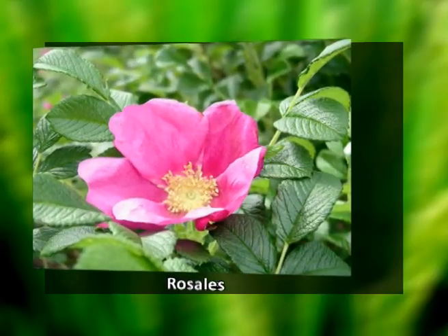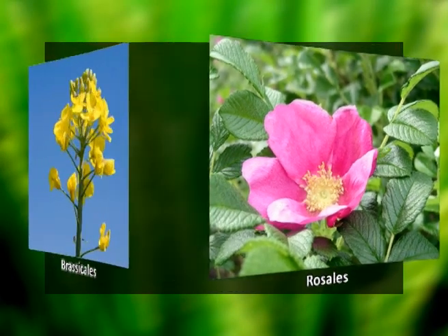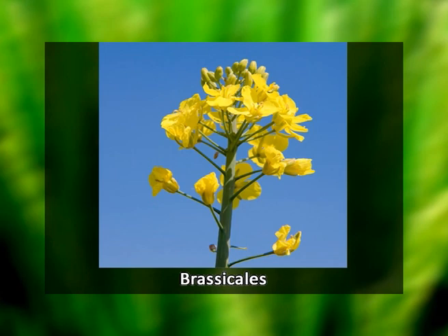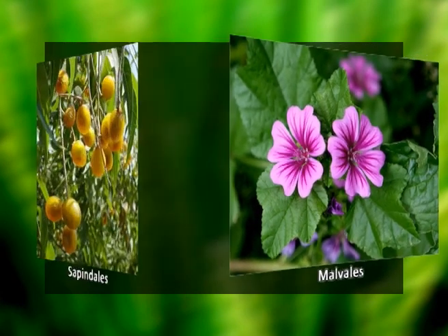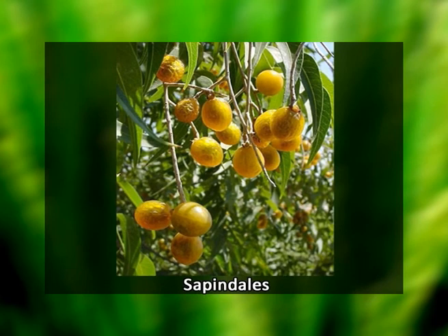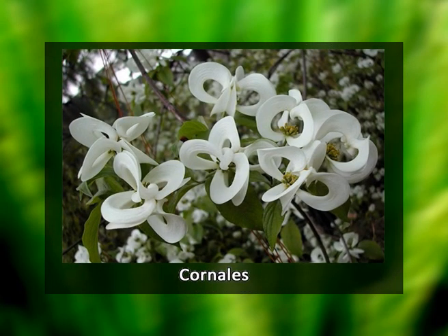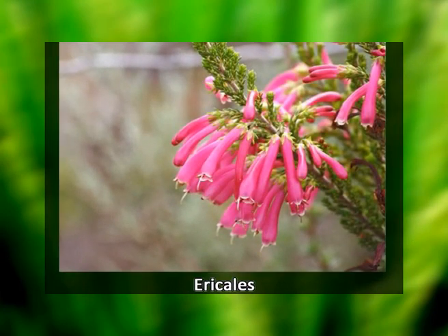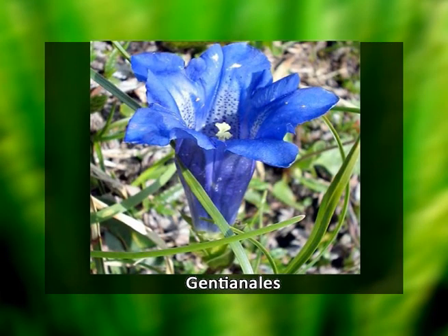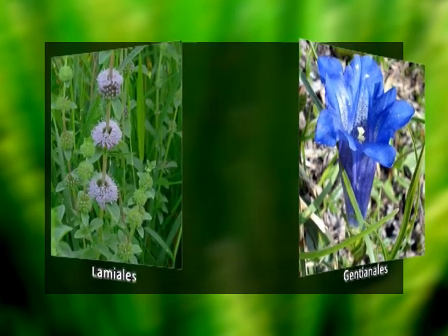In addition to these orders, we have a few more orders in the Eudicots like Rosales, Brassicales, Malvales, Sapindales, Cornales, Ericales, Gentianales, Lamiales.